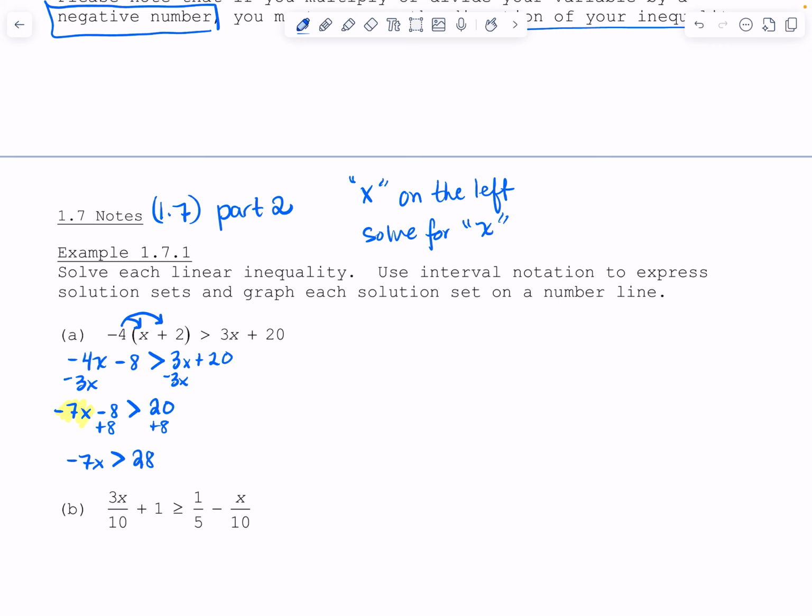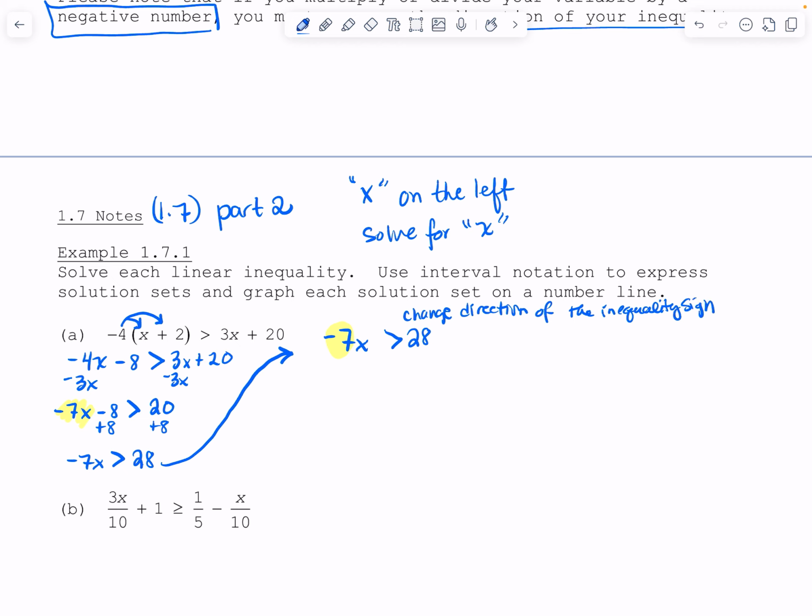Now I'm at my last step of solving. So with inequalities, if you have a negative coefficient that is multiplied or divided by x, that would be the -7 in this case, when I divide it off, I have to change the direction of the inequality sign.